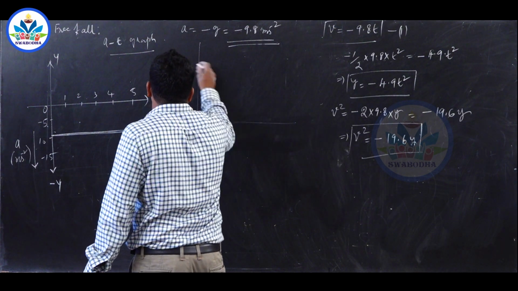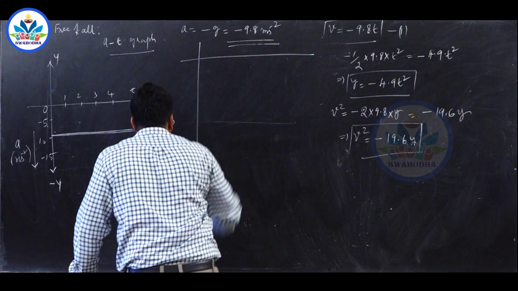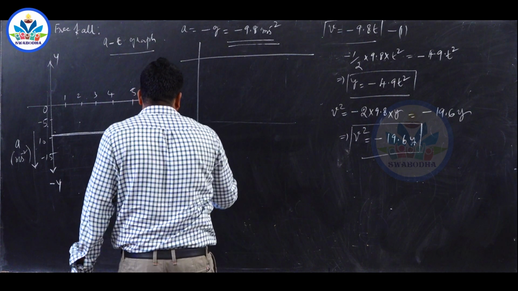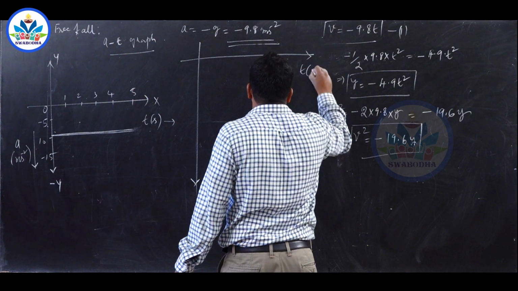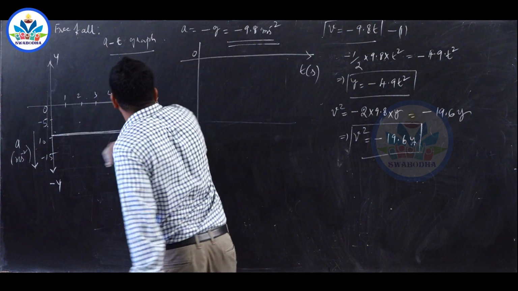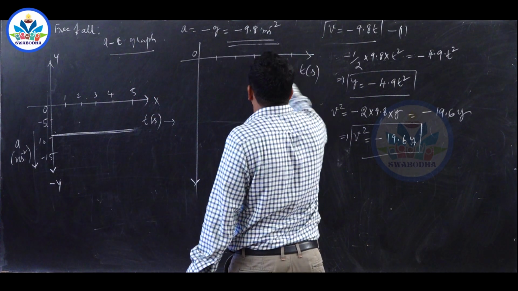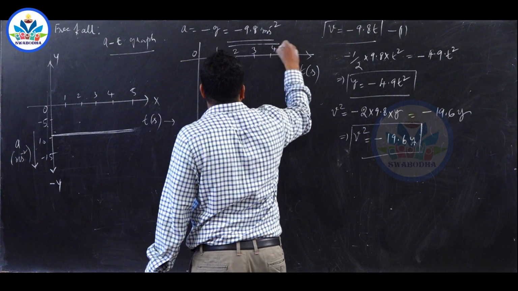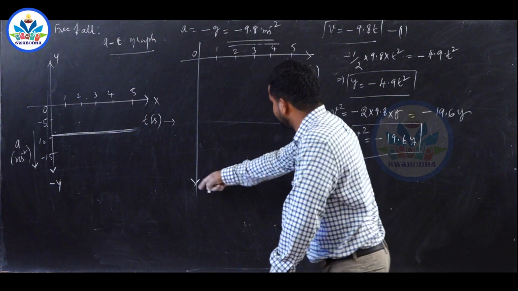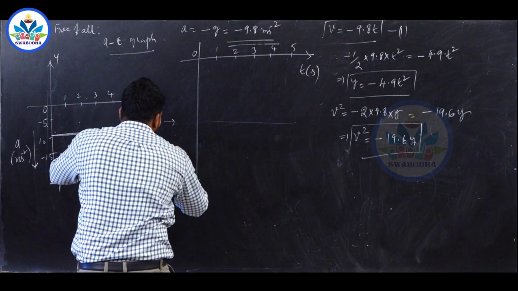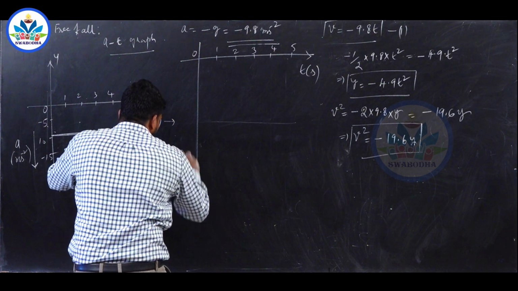Again, the first quadrant is not needed, because it is in the negative y direction. So this is time in second, 1, 2, 3, 4, 5 seconds, and this is velocity in meter per second.